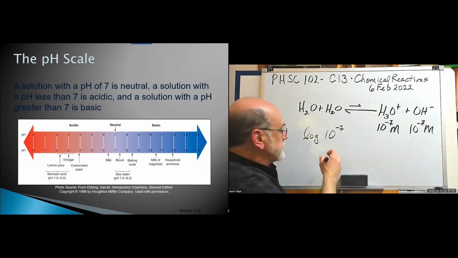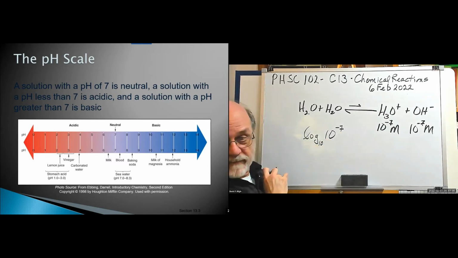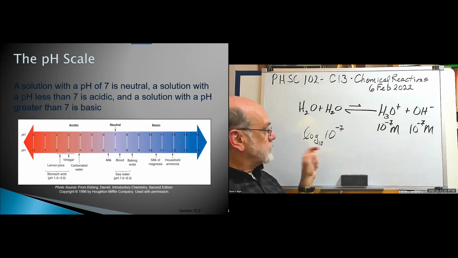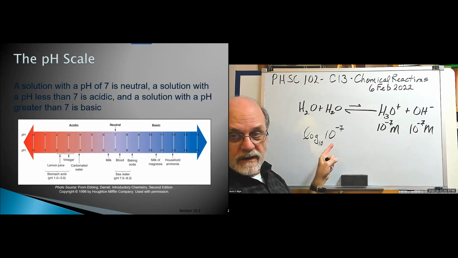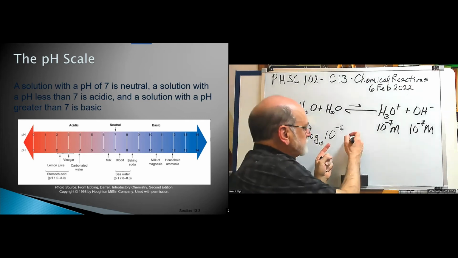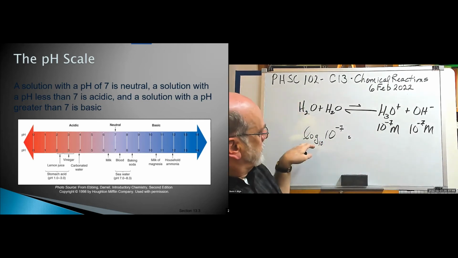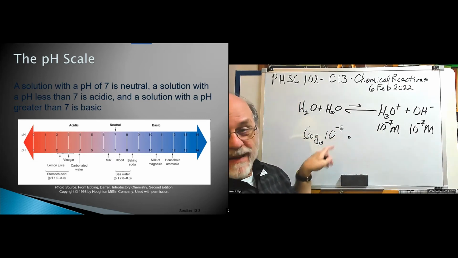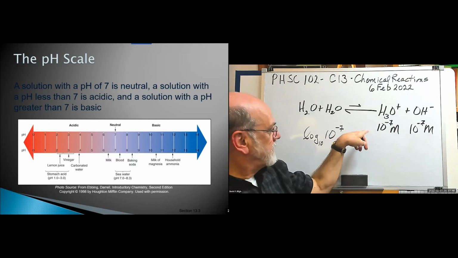Well, remember the rules of logs. This is base 10, right? And when you take the log of a number, the log of the number is the power of 10 that represents this number.